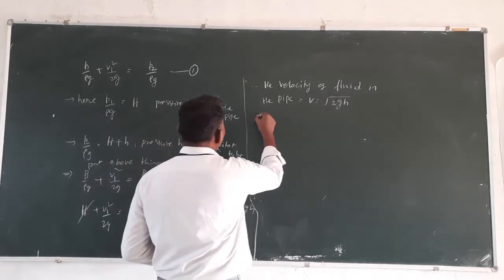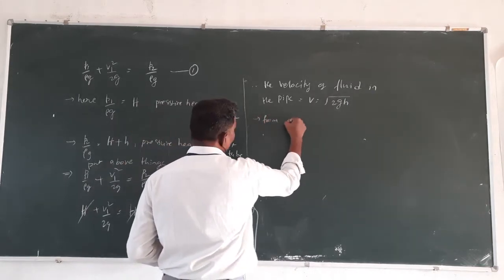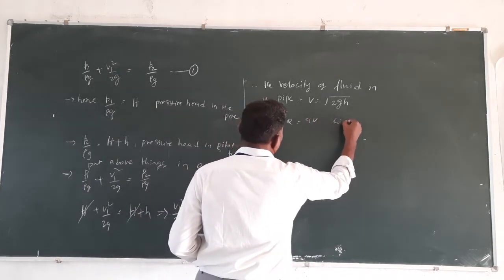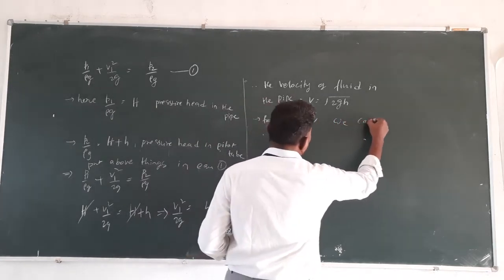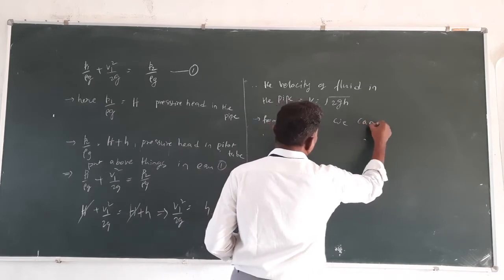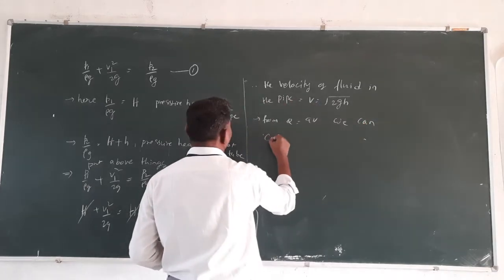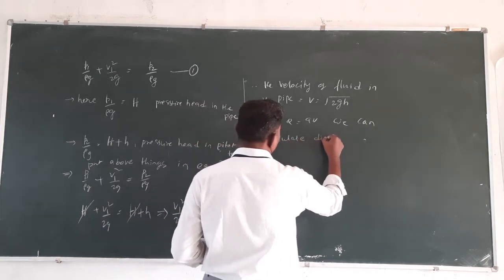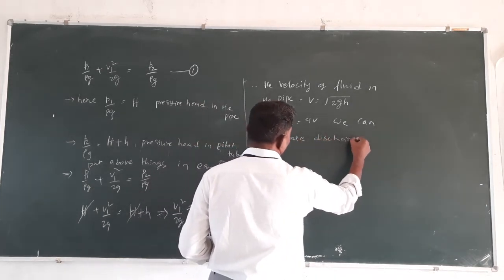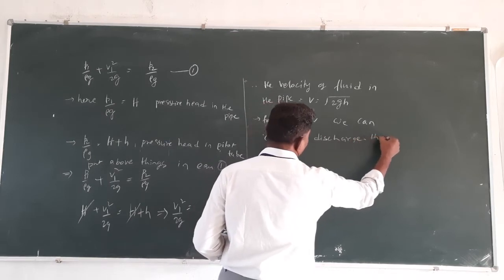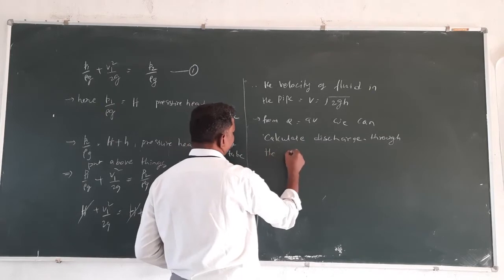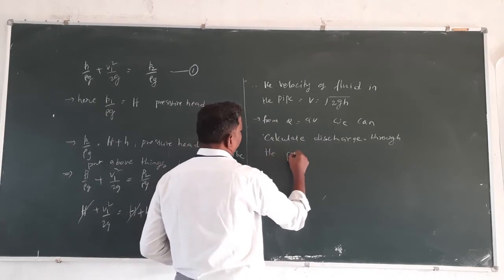Okay, from Q is equal to A V, we can calculate the discharge through the pipe.